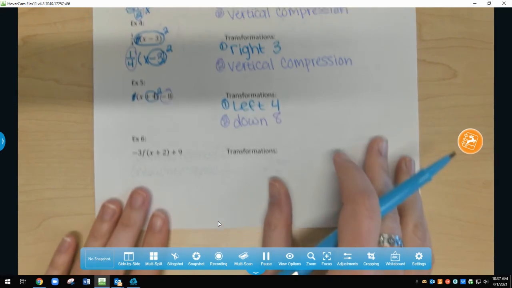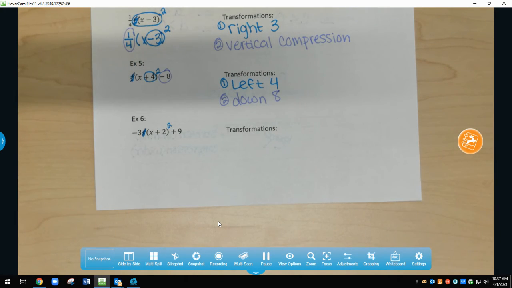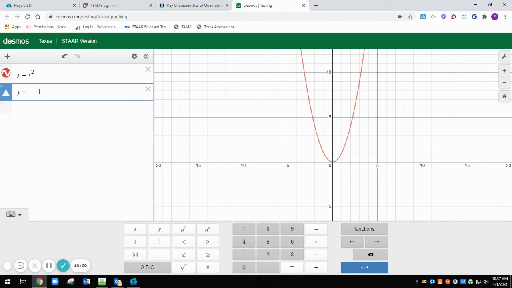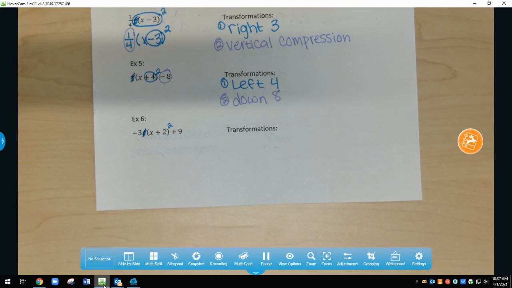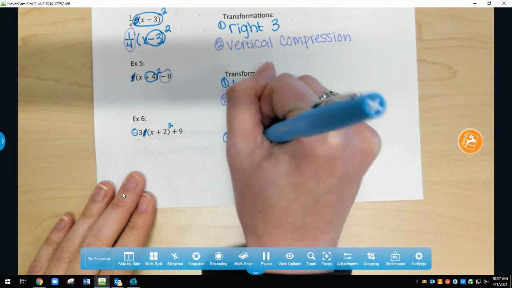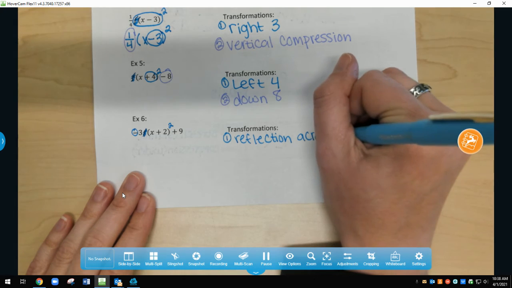Okay, let's look at the last one. So I'm going to cross out the f and I'm going to put my squared. So in Desmos, we're going to have negative 3 parentheses x plus 2 squared plus 9. Okay, so this one did a lot of things. So first we can see that it flipped. So it flipped because of the negative, so that's a reflection across x.